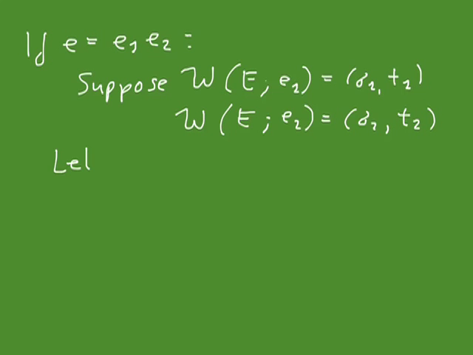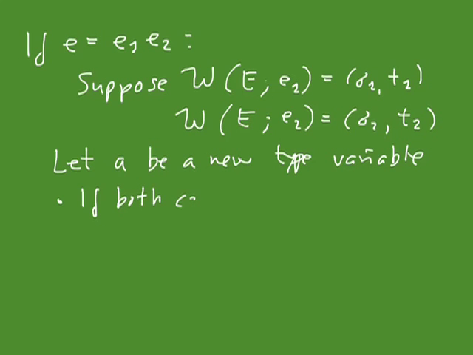Then we create a new type variable A. And if both calls succeeded, then we try to unify the types that we got.